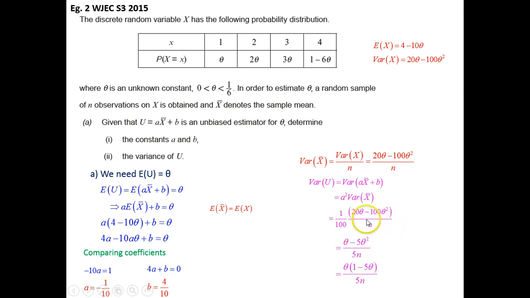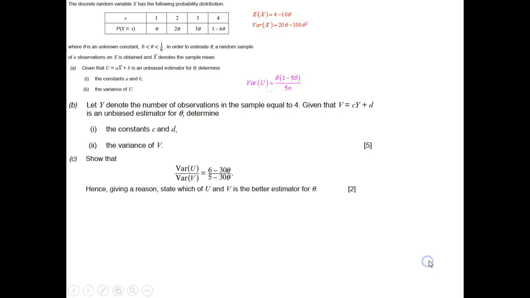We can cancel some parts, cancel by a 10 and a 2, and we will get theta minus 5 theta squared over 5n on the bottom. Take the theta out, so I have theta times (1 minus 5 theta) over 5n. That's the variance of U.